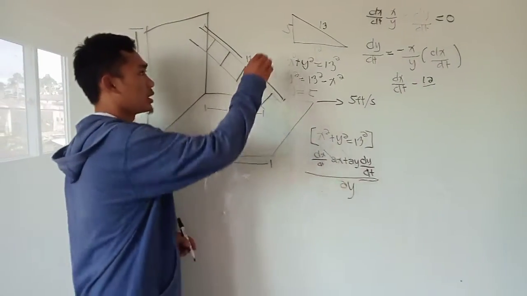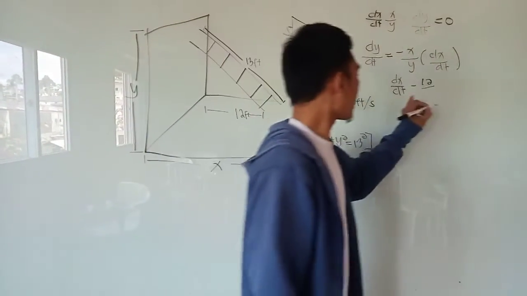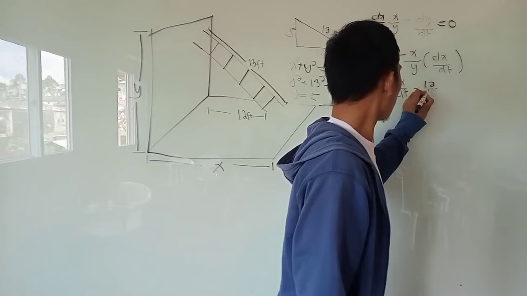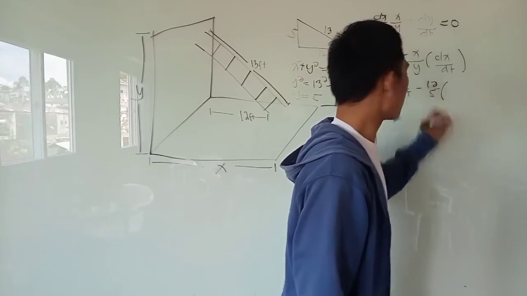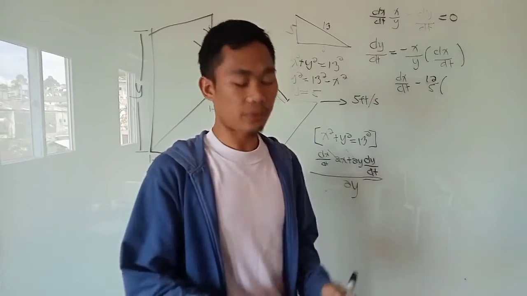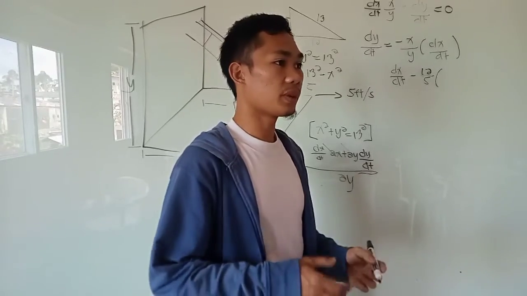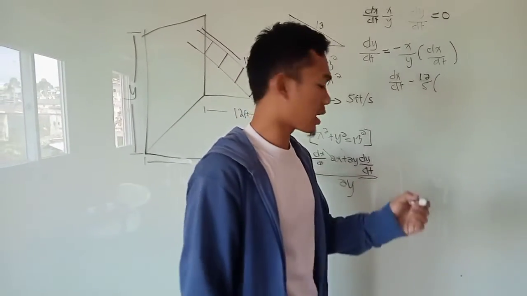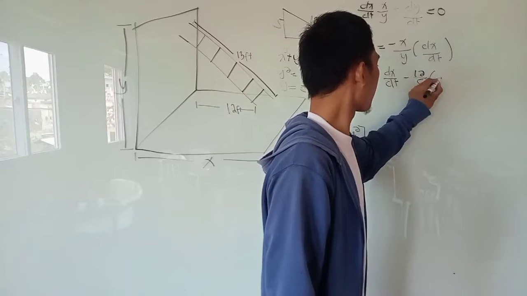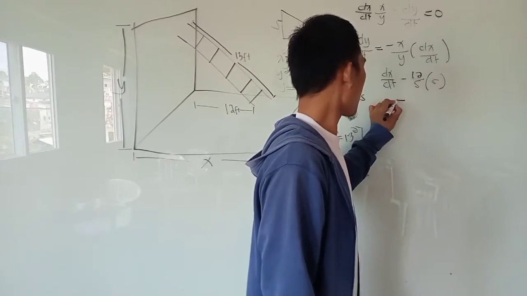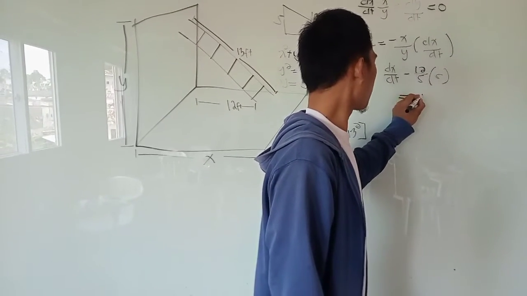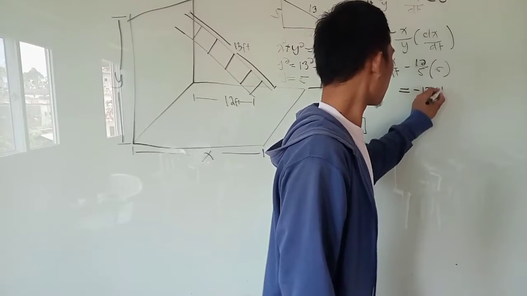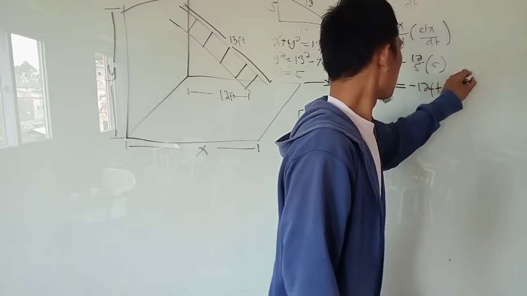We know that y is 5 feet, right? So we have negative 12 over 5 multiplied by dx over dt, the rate of x with respect to time, which is 5 feet per second. So we have here negative 12 feet per second.